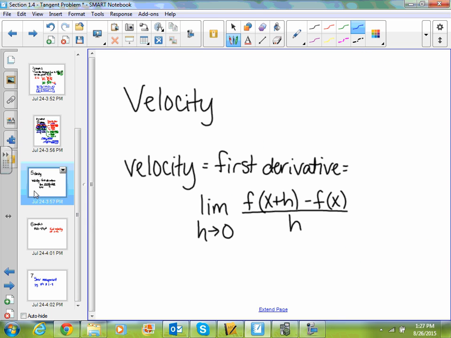All right, and then the last part of what we're going to look at today is velocity, how to find your instantaneous velocity at some point. And velocity is just equal to your first derivative. And we found first derivatives last year, and we found first derivatives at the beginning of this year using our derivative formula.